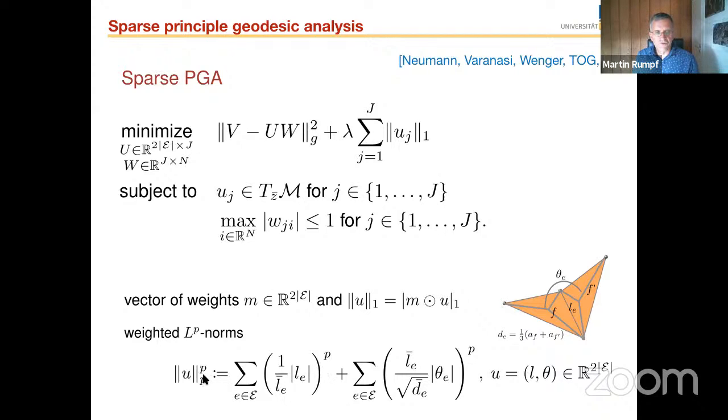For certain p norms, we actually use only the 2 norm, which reproduces our metric, and the p equals 1 norm, which leads to this weight which we require here. But we take the same factors which we already know from the metric. And that defines this 1 norm.